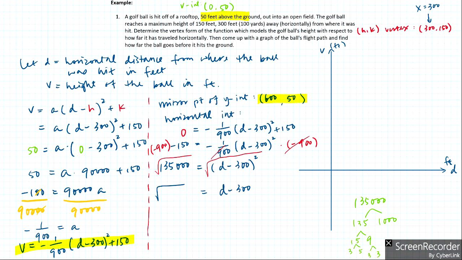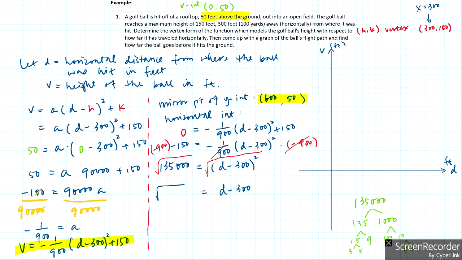We know 9 is a perfect square factor. And for 1,000, we can write 100 times 10. 100 again becomes a perfect square factor over here. 10 can be factored further to be 5 and 2. In this case, I'm going to leave the 100 as is in terms of factor because I know I can simplify them easily once I take the square root.